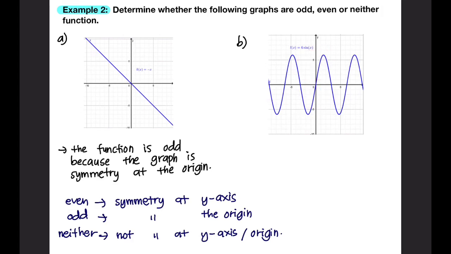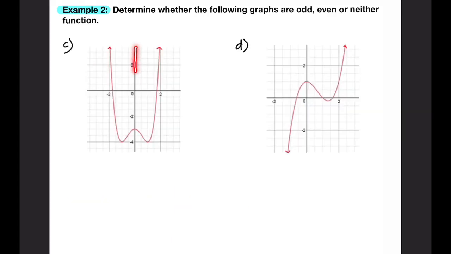Okay, this function is also odd. For question C, we can see that it is reflected here. Same here as here. So for question C, it is an even function.